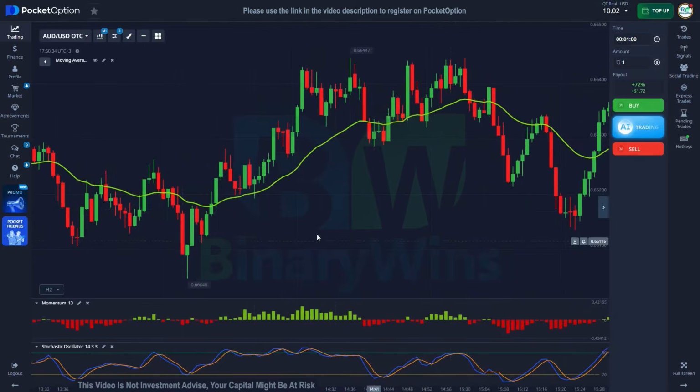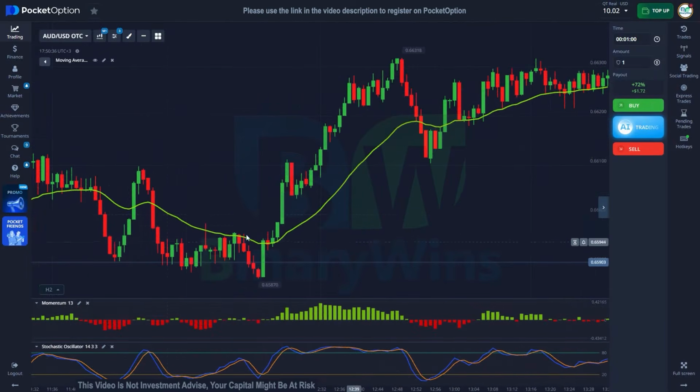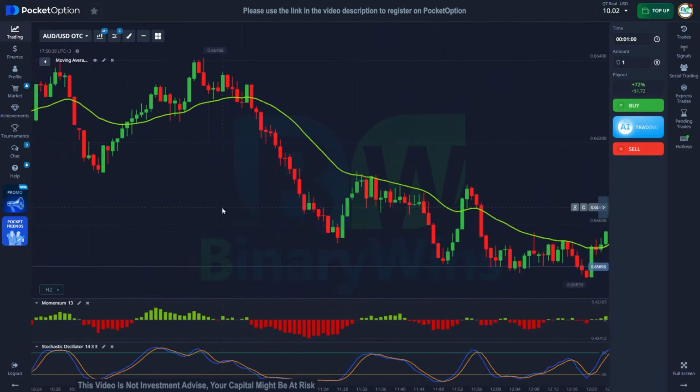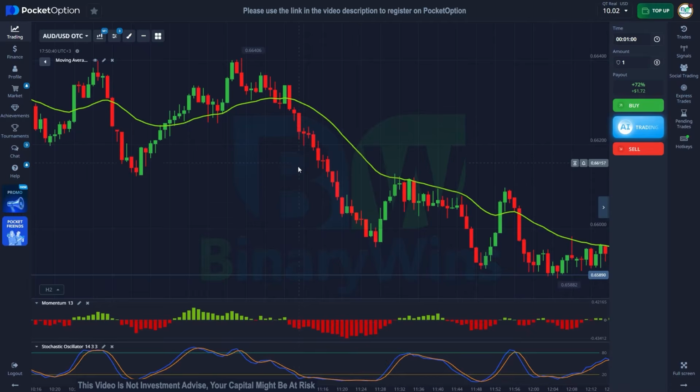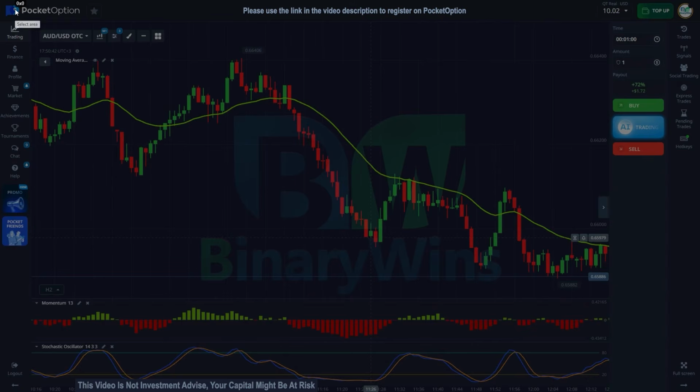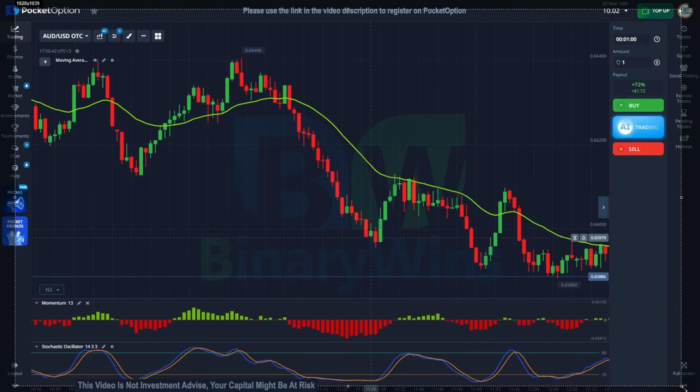And the same goes for sell positions. Our candles should be below the moving average. Now look at it this way. You can see that the candles are below the moving average of 28.